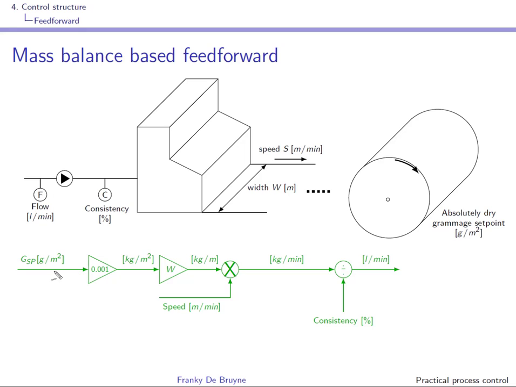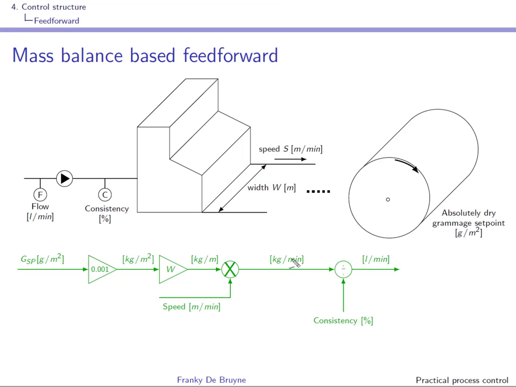You just take the grammage that you want to produce, right, and you go through this formula over here. So what we see is that we go from grams per square meter to kilos per square meter, right, by dividing by 1000, and then we multiply by the width of the paper web and the speed, and we obtain the desired quantity of fibers expressed in kilos per minute.